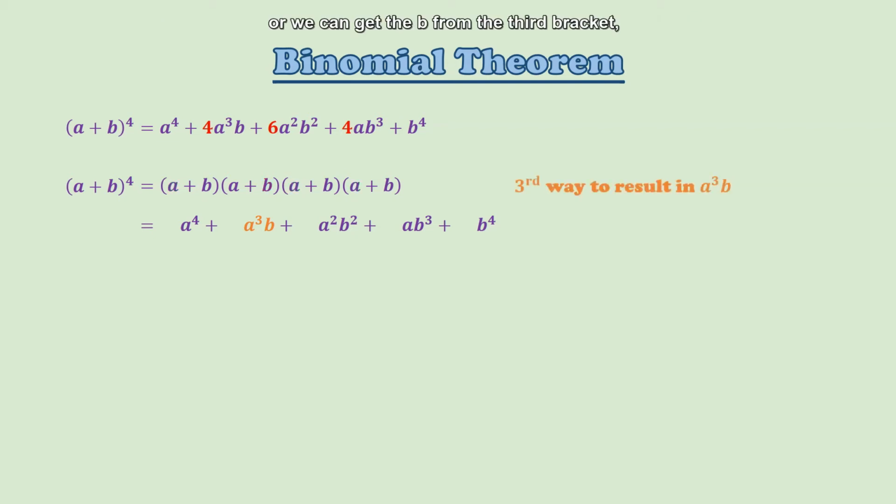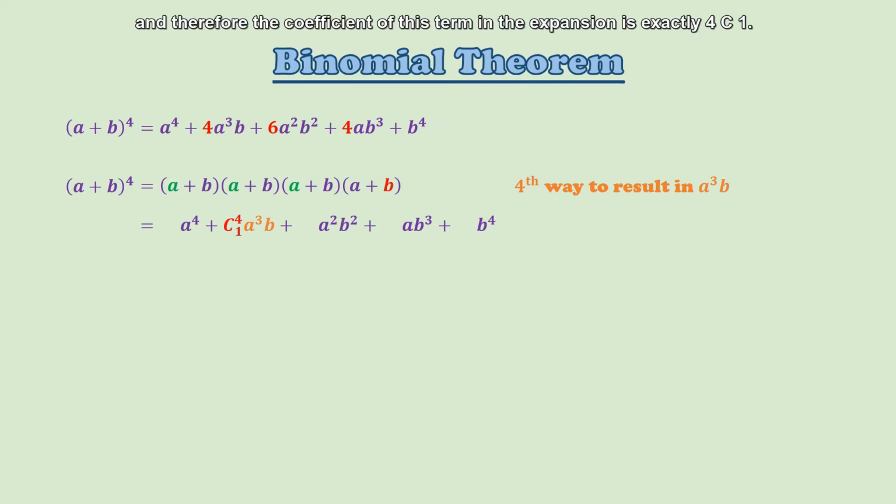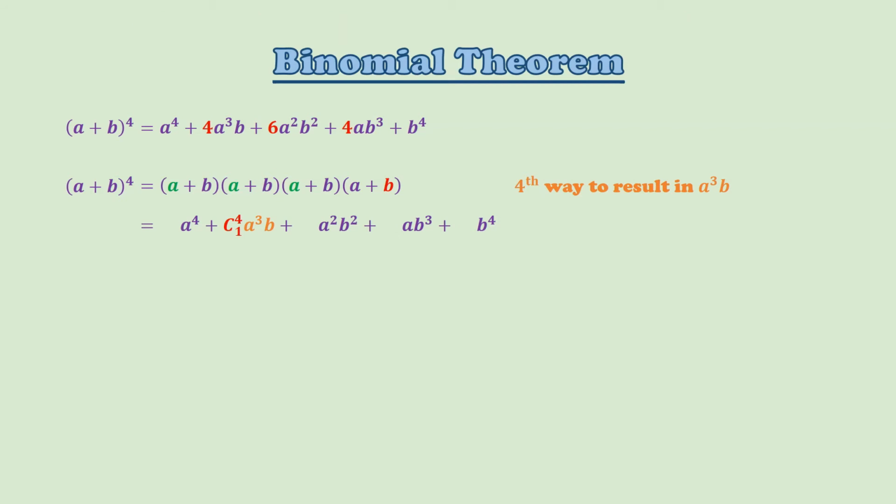Or we can get the b from the third bracket, and then get the a's from the other brackets. Or we can get the b in the fourth bracket and then get the a's from the other brackets. In other words, there are 4C1 ways to result in a^3 times b, and therefore the coefficient of this term in the expansion is exactly 4C1.